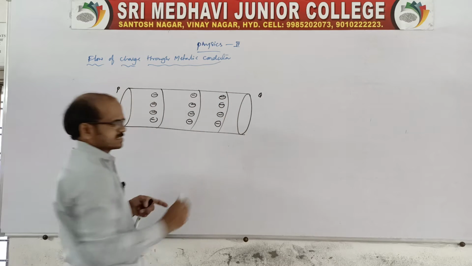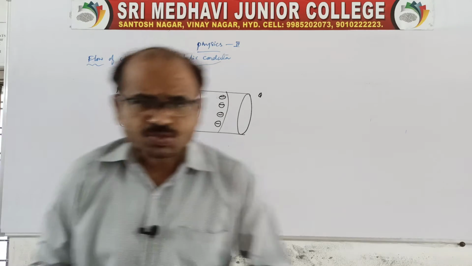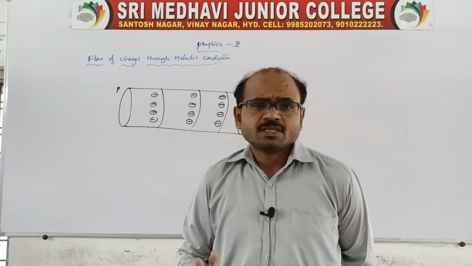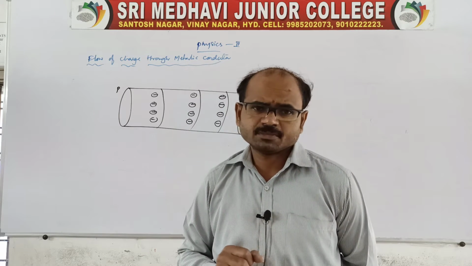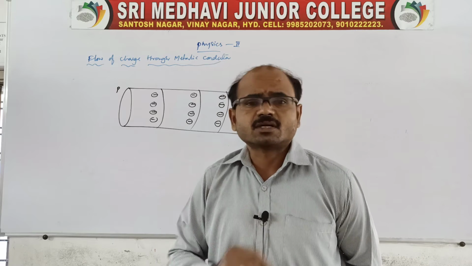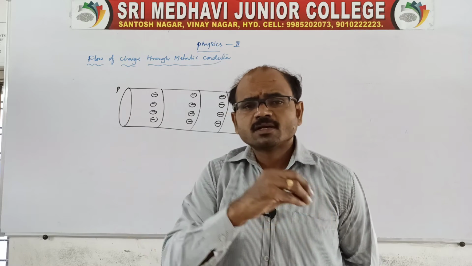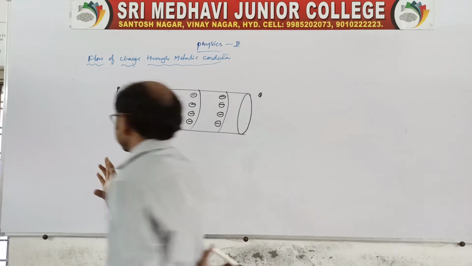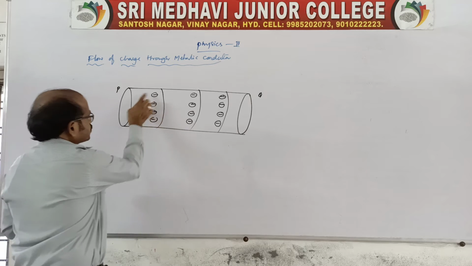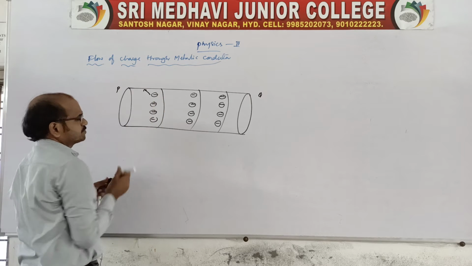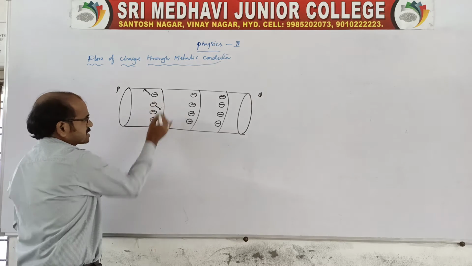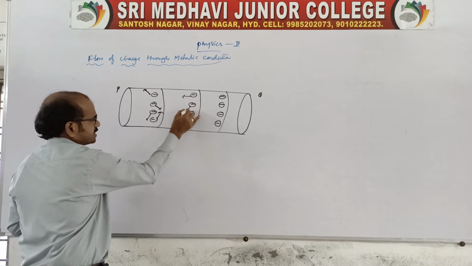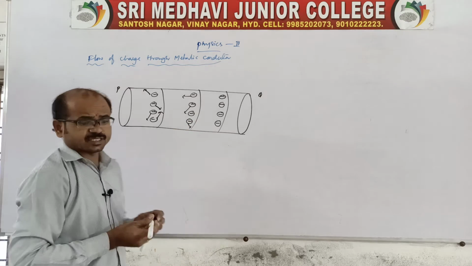At a given place, all these electrons are in random motion. Random means they move in all directions, not in a particular direction. This electron may move in this direction, another may move like this, so they move in different directions.